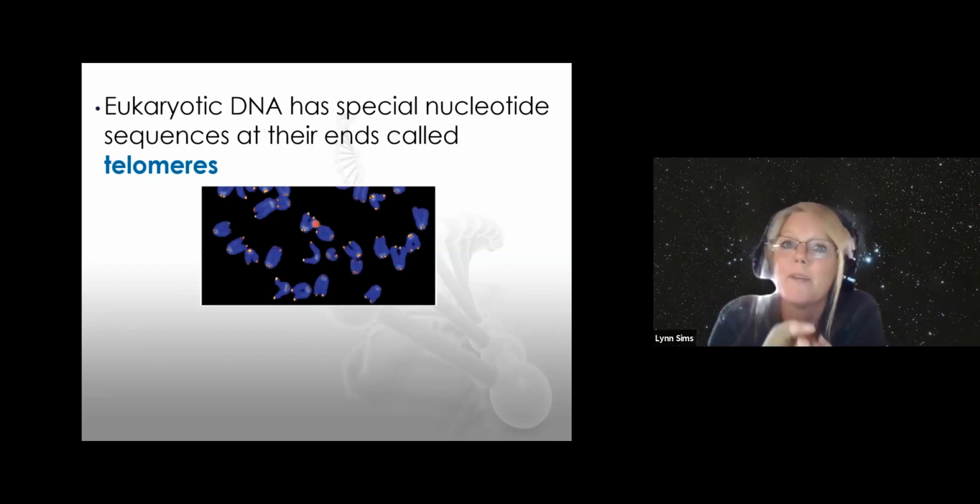There's no gene material on the telomeres. The telomeres are nucleotide sequences, but they're just repeats of the same nucleotide sequence. They do not provide a code to make any proteins or any functions inside the cell.